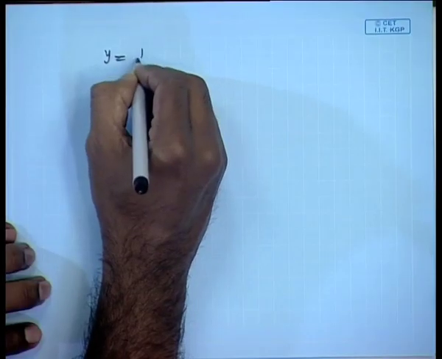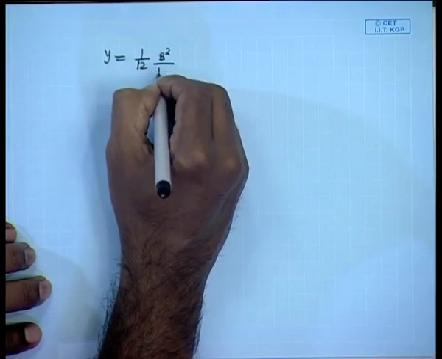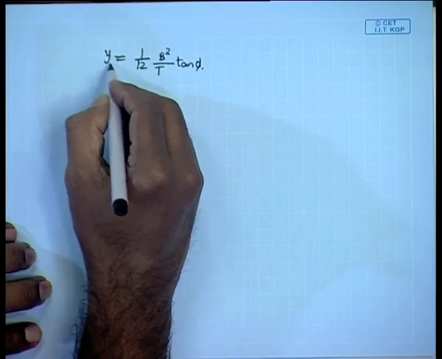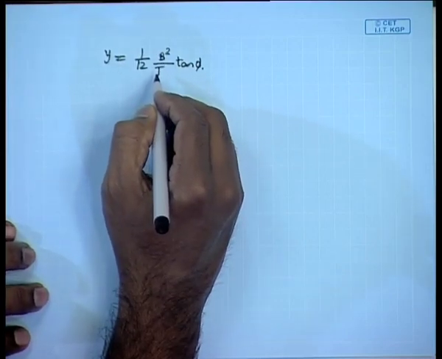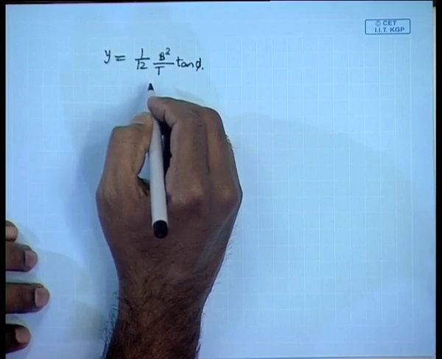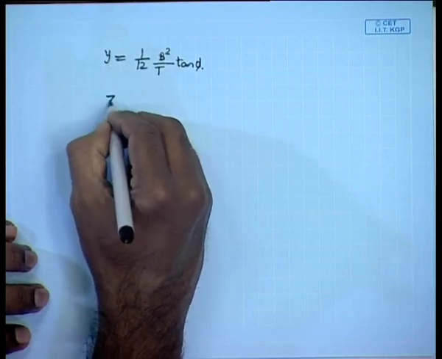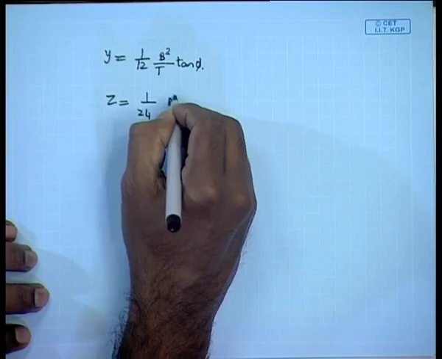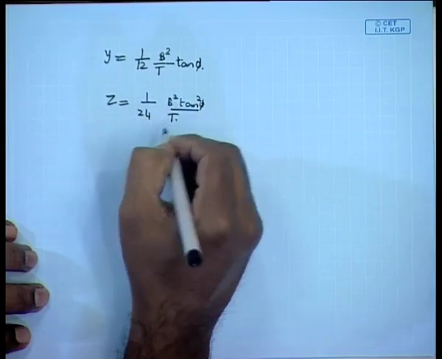Therefore, y is equal to 1 by 12. From the previous what we have done, we get like this, y of the center of buoyancy is equal to 1 by 12, the y of the entire system, the centroid of the entire system, the TCB is the y, and the VCB is the z, z is equal to 1 by 24 b square tan square phi by t.